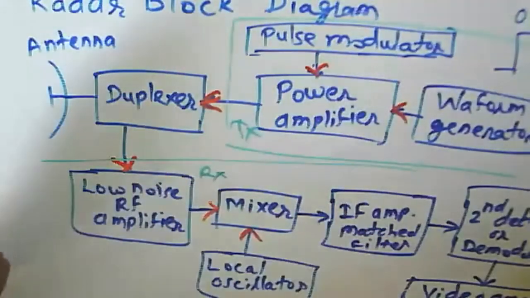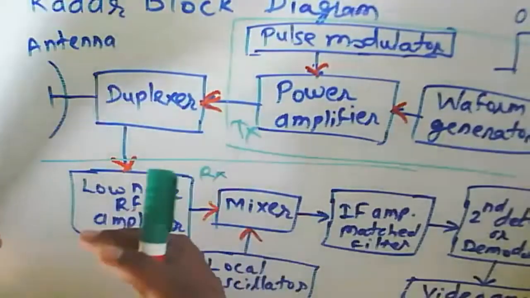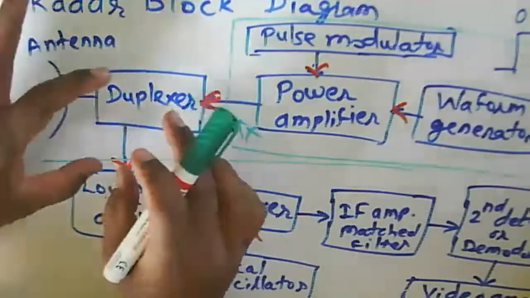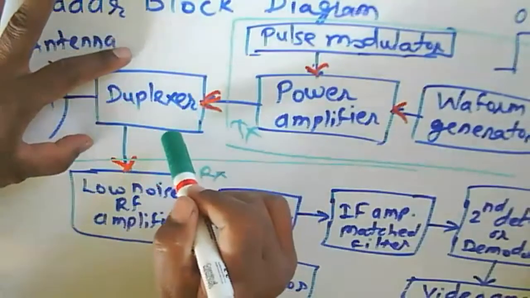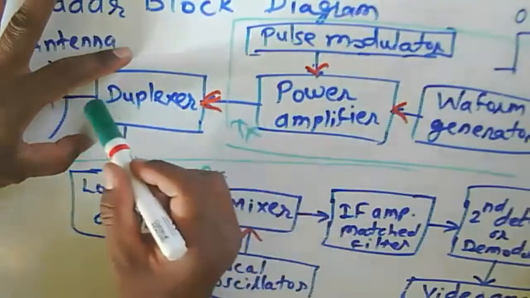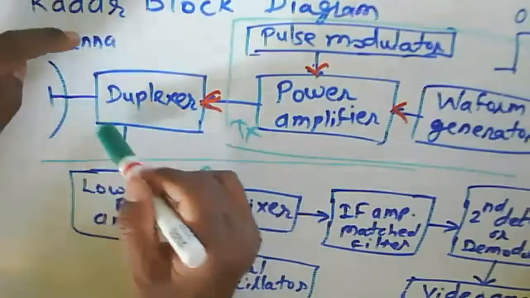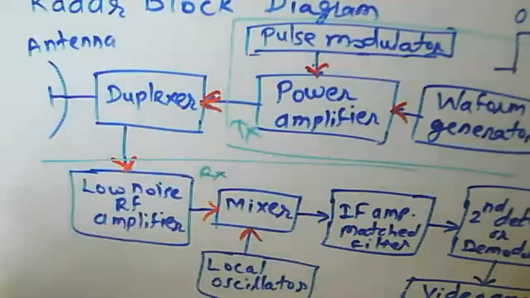This way we consider a circulator, or a transmit receive switch. At the time of transmitting, it will only forward the signal. At the time of receiving, the signal will be directed to the receiver. So that is about the duplexer device.